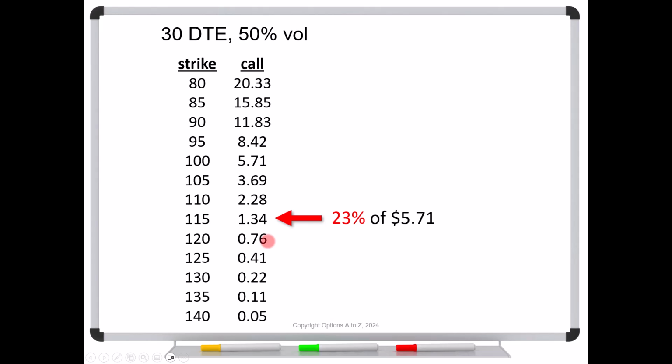And yet I see traders all the time that'll do stuff like this. They'll pay $5.71 for the 100 call, and they'll sell off this 130 call for 22 cents and say, well, I might as well get 22 cents for it. It's not a good idea because you're selling off these potentially very valuable fat tails and collecting nothing for it.